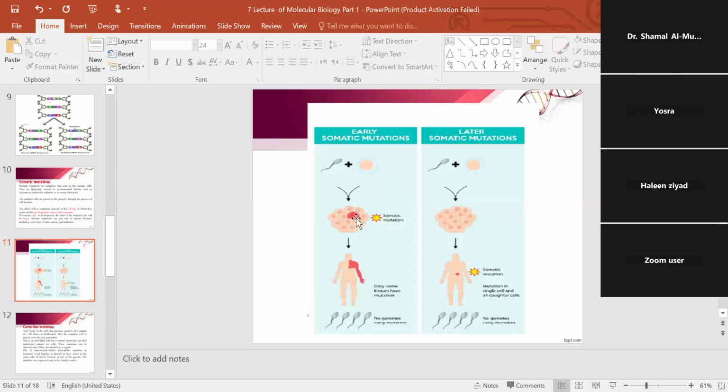Here you can see that if the mutation is early, it will be larger or greater. On the other side, later somatic mutations will be very small or not affect much, or not make a very big problem.